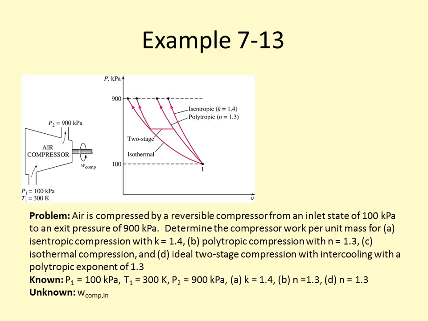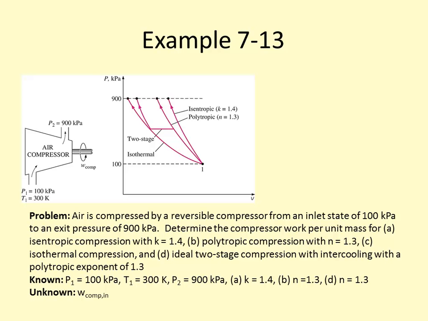Okay, so the second case, very similar, part B, but in this case our exponent is now 1.3, so n is equal to 1.3, but our equation is nRT1 over n minus 1 times the quantity P2 over P1 to the (n minus 1) over n, minus 1.